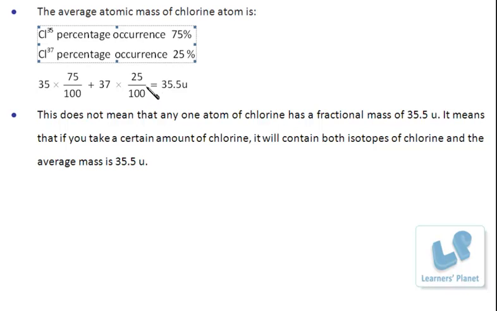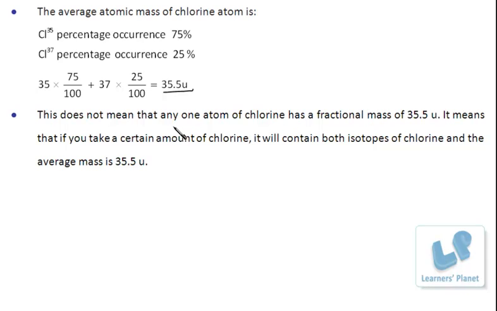So the average atomic mass of chlorine is calculated like this: 35 multiplied by 0.75 plus 37 multiplied by 0.25, and it will give the average atomic mass of chlorine atom. That is 35.5 units.